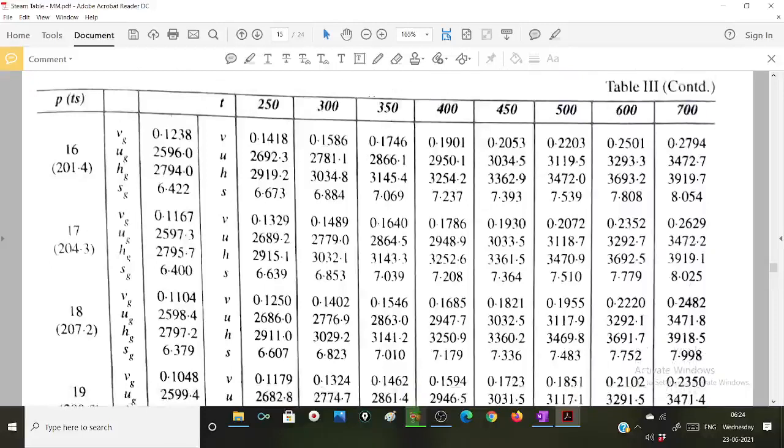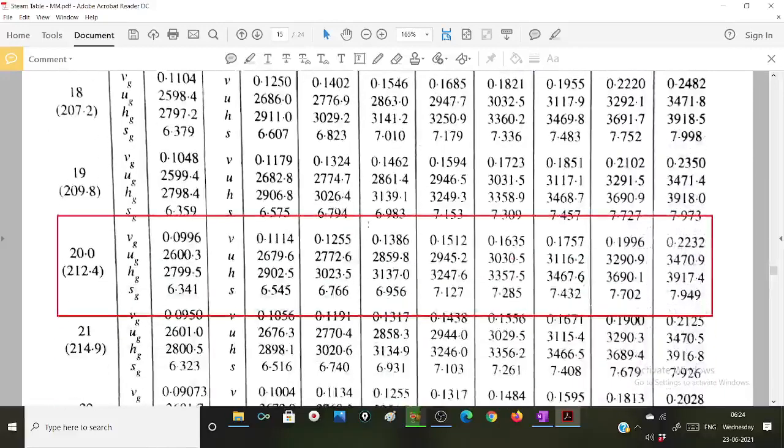The pressure range has changed, so I have to calculate between 350 degrees Celsius and 400 degrees Celsius. That is, I am supposed to find the values in this zone. So I have to interpolate at 20 bar between 350 degrees Celsius and 400 degrees Celsius, to get the different values of v, small h, small s at 360 degrees Celsius.